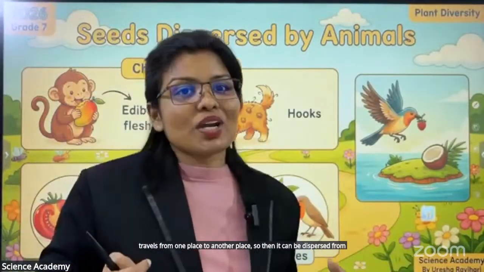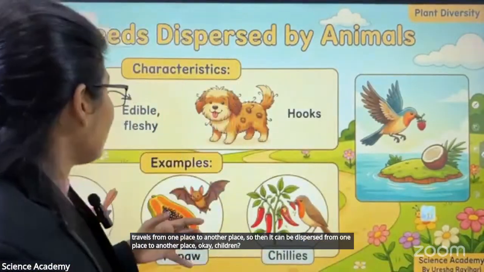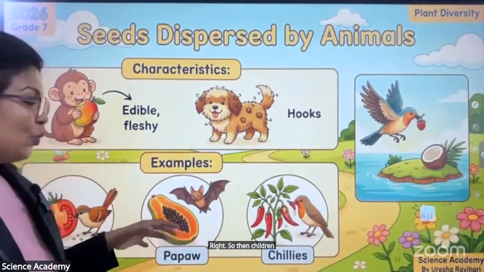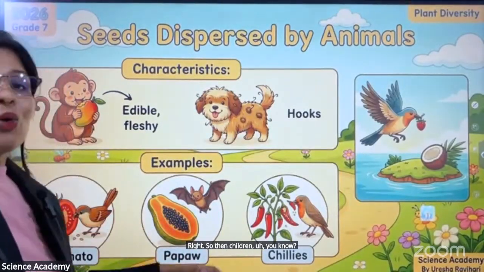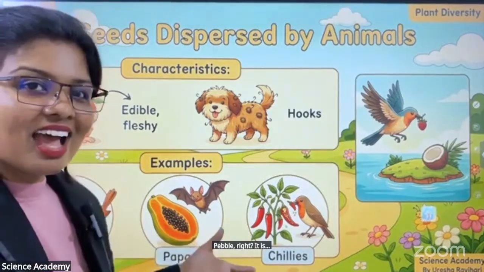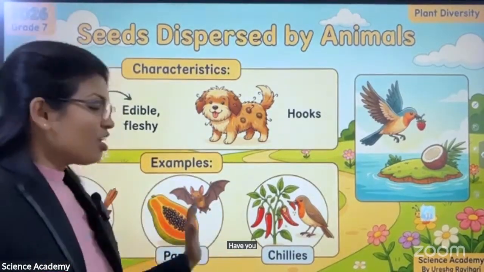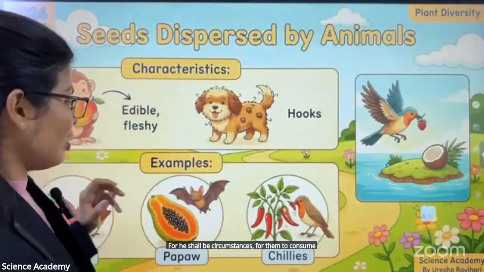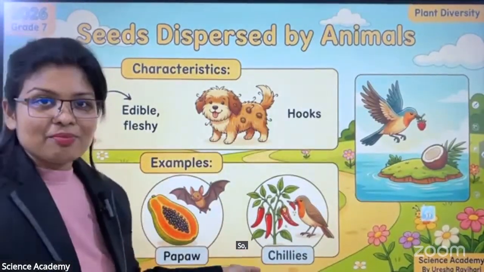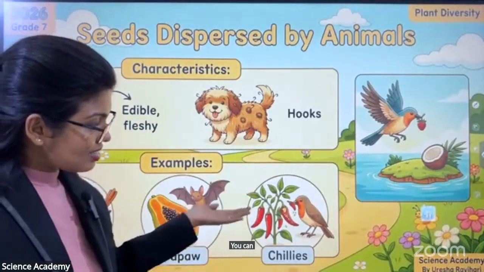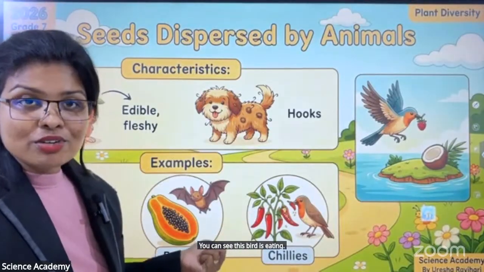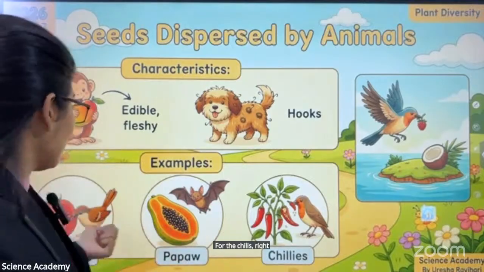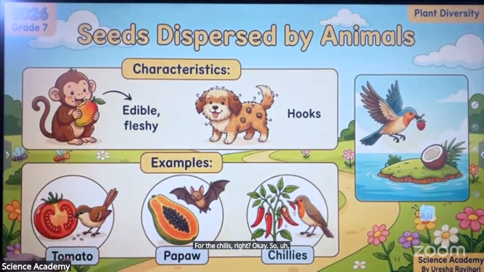Then the pepo has fruity substances for them to consume. You can see this bird eating pods of chilies. Tomato also.